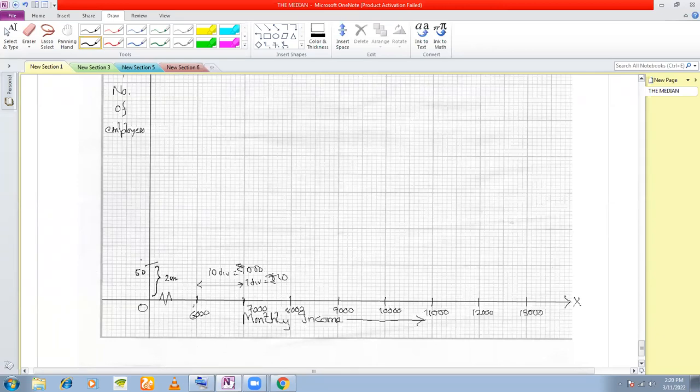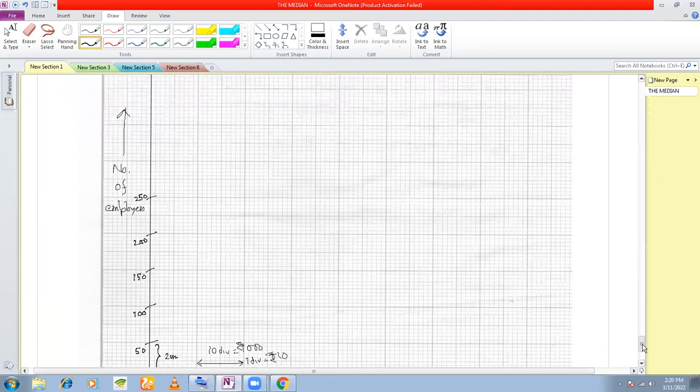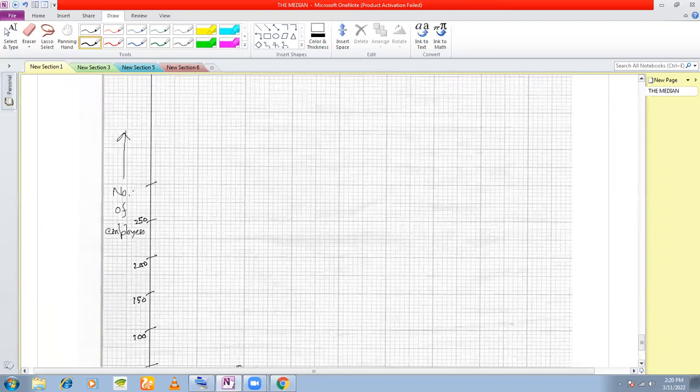The first one is 50. Next one is 100, next is 150, 200, 250, 300, and finally you have 350, because the total number of employees is 320. We have drawn till 350.